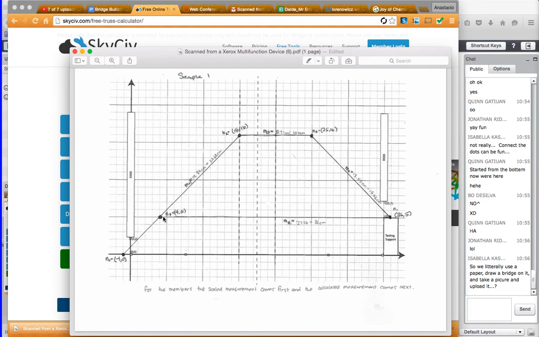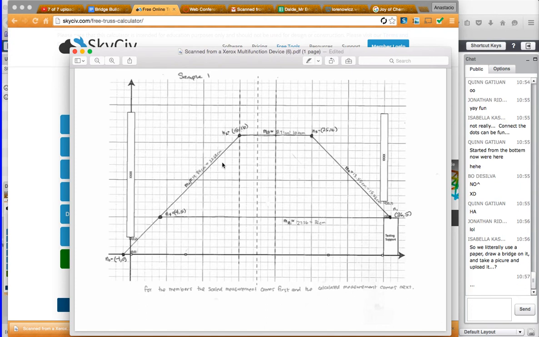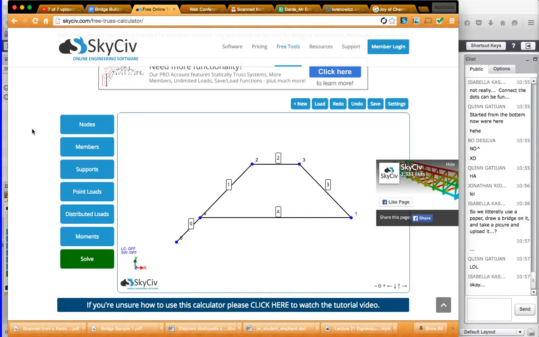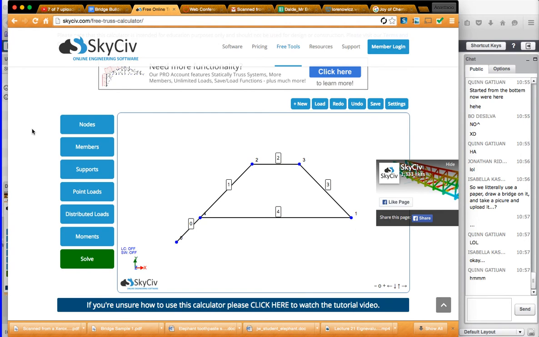And you upload that picture, and it should look something like this, or your bridge is probably going to be more complicated. I don't really care exactly how it looks. I just want you to be able to do this. But if you do this lab 1, that's going to help you with lab 2, which is going to help you out with this lab 3, which is what I'm talking about, the SkyCiv one. So you need to do the first lab in order to get to the third one. Does that make sense to you?